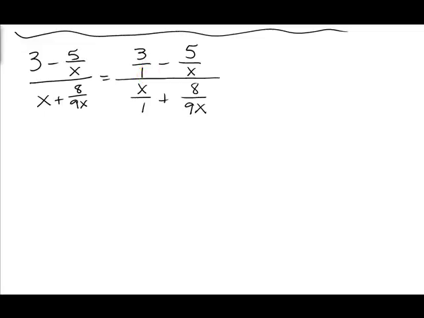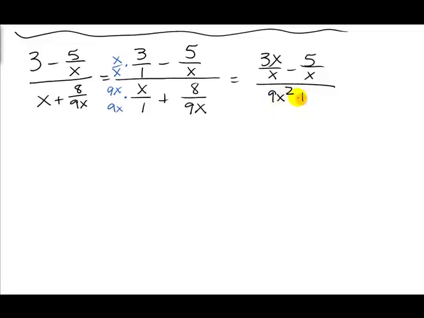So I'm going to multiply the bottom and the top by x. At the bottom, I can use 9x. So I have to change this one, 9x, 9x. So I'm going to end up with 3x over x minus 5 over x.